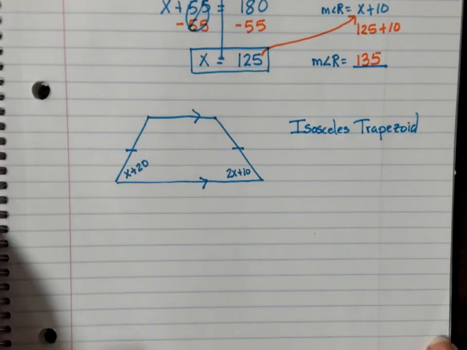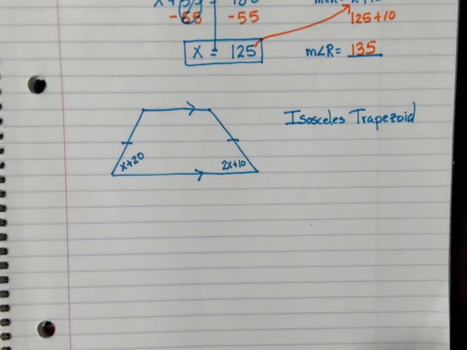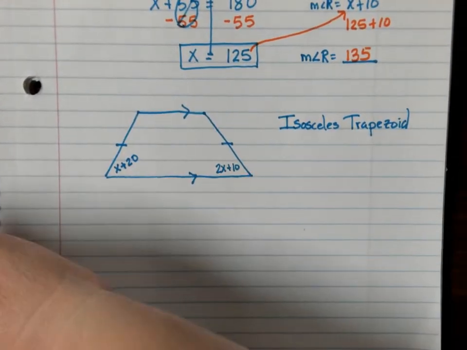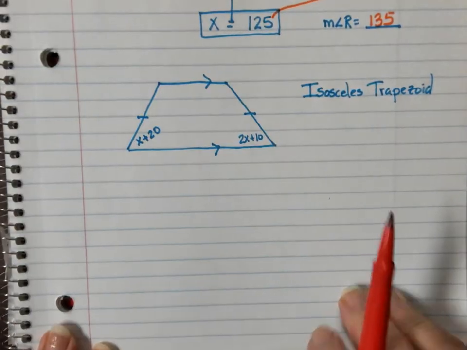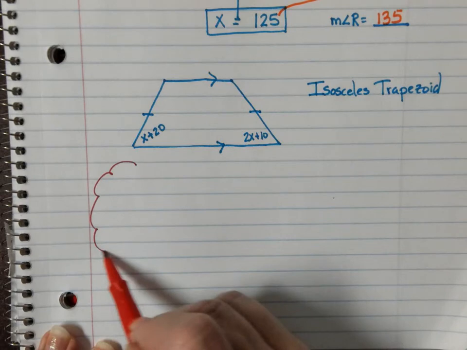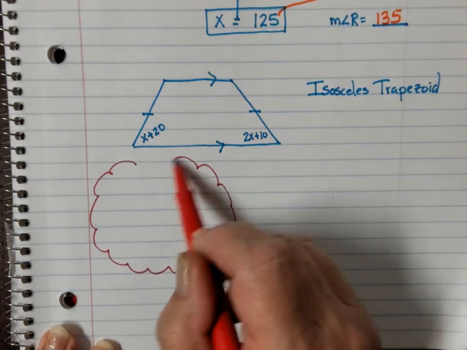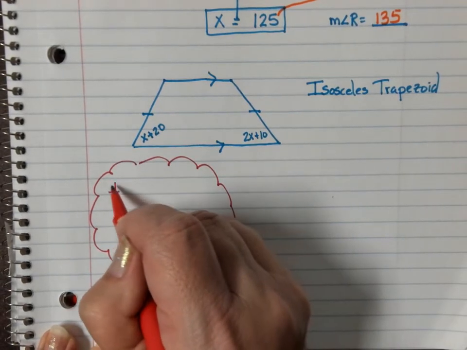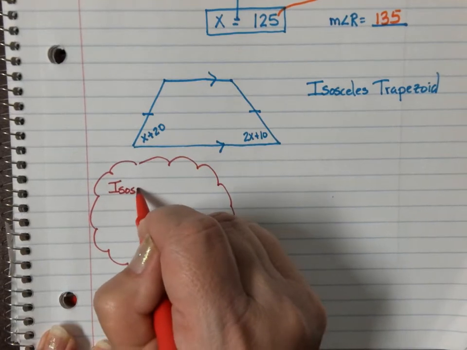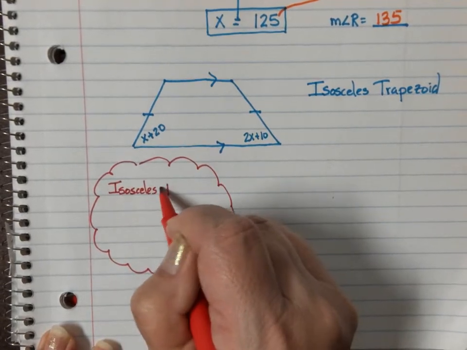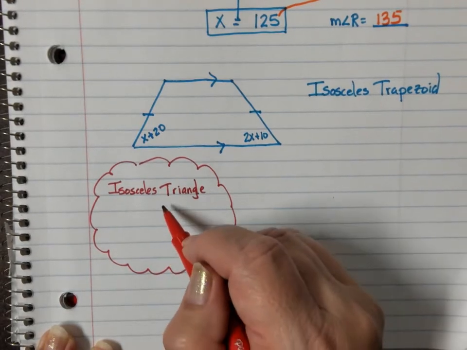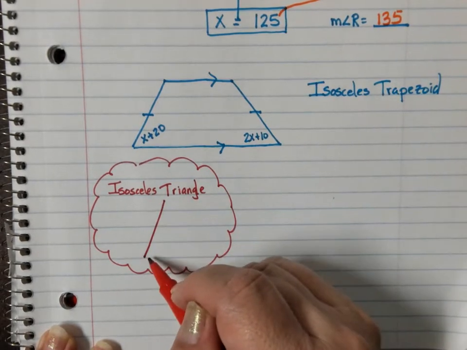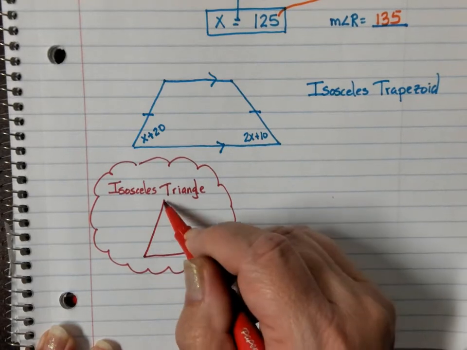Alright, so let me take a moment, right, and we're just going to go back in time and remember this little thing that we learned about before. You remember about the isosceles triangle? An isosceles triangle has two congruent sides.